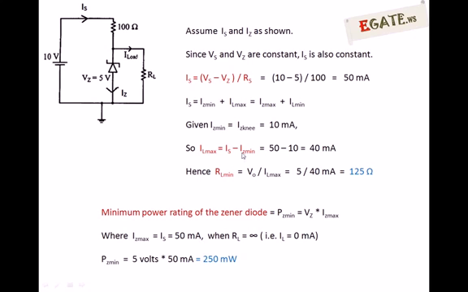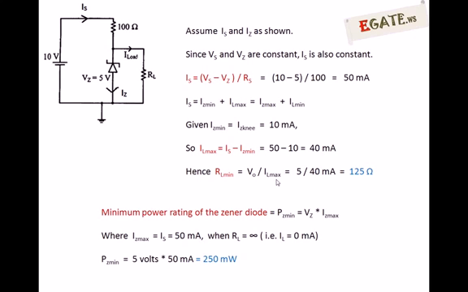IL maximum is Is minus Iz minimum, that is 50 minus 10, which is 40 milliamperes. Since IL is maximum, RL will be minimum, so RL minimum is output voltage divided by IL maximum. Output voltage is the same as the Zener voltage, so 5 divided by 40 milliamperes is 125 ohms. So the right answer for RL minimum is 125 ohms.